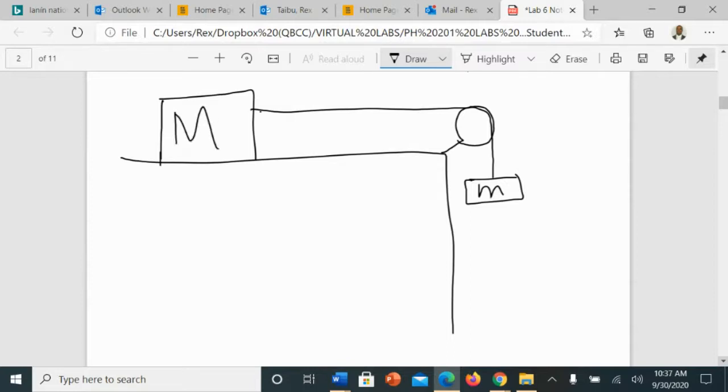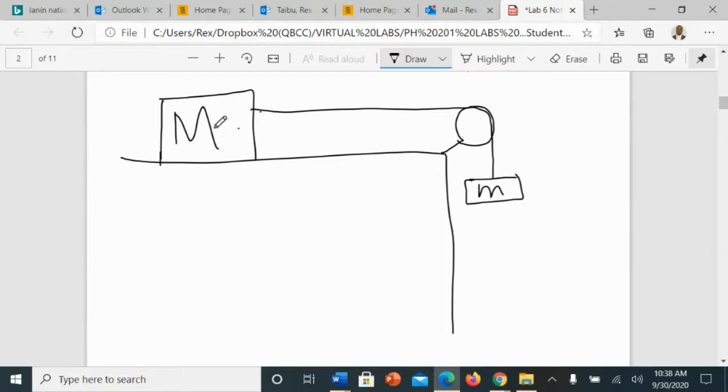All right, so that's the setup. What we'll be doing is adding mass here and observing acceleration. We are going to get some mass from this larger mass and put it here, and then take our measurements.